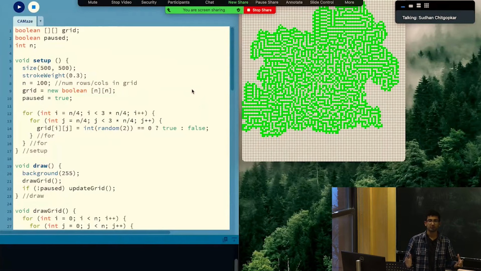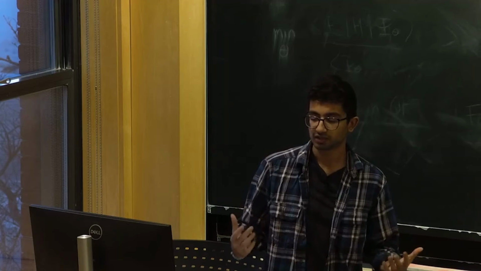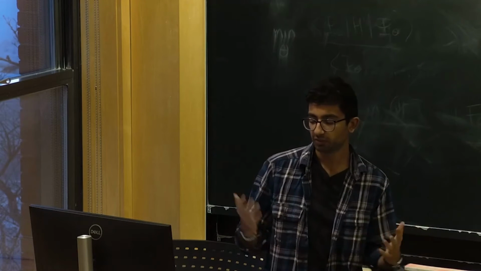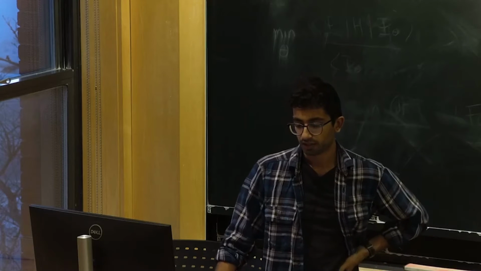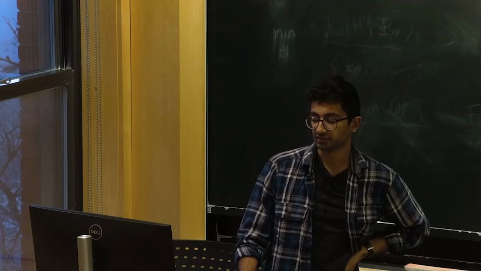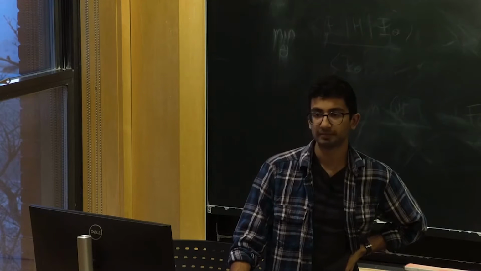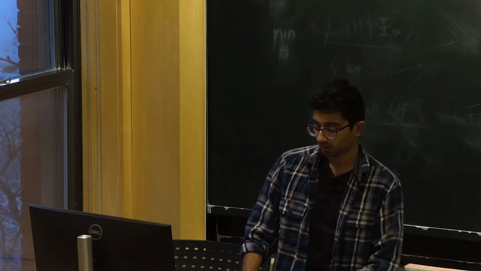And I'm sure, as you can probably already tell, the possibilities here are endless. There's lots that you can play with in terms of the color, creating animations, just really interesting stuff all around. But we'll stop our conversation about cellular automata and mazes there. And I'll pause if anyone has any questions.